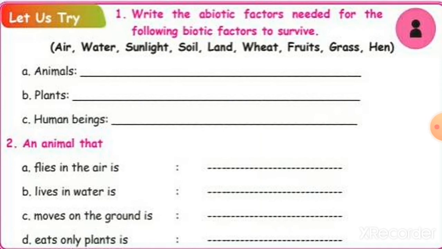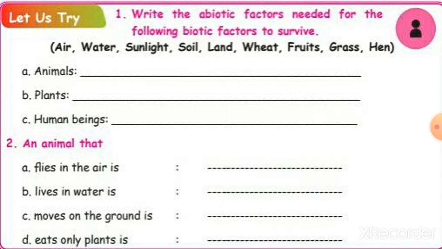Here I gave some evaluation which is given in your book. Try to answer these questions in your textbook. Write the abiotic factors needed for the following biotic factors to survive. Survive means to live.